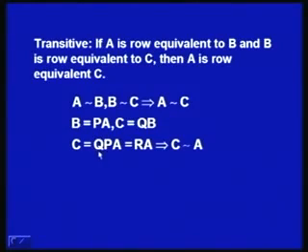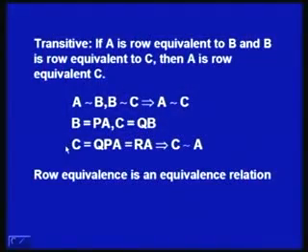QP is a product of elementary matrices, and P is also a product of elementary matrices. So QP is another matrix R. So, C is equal to RA. That simply means that C is equivalent to A. So, we have proved the reflexive property, the symmetric property and the transitive property, and this means that row equivalence is an equivalence relation.